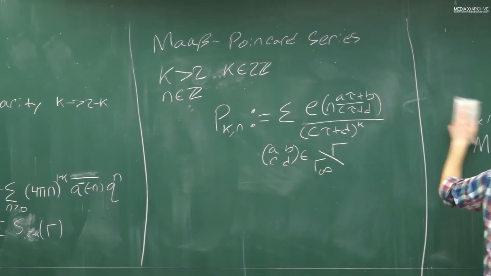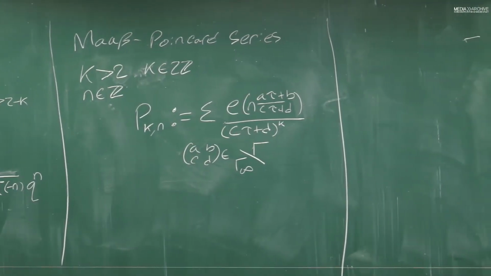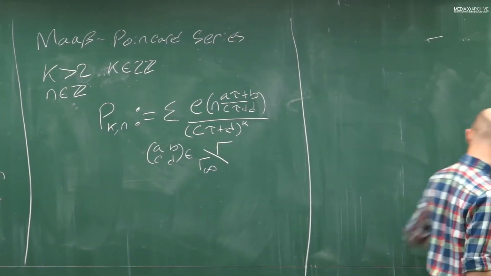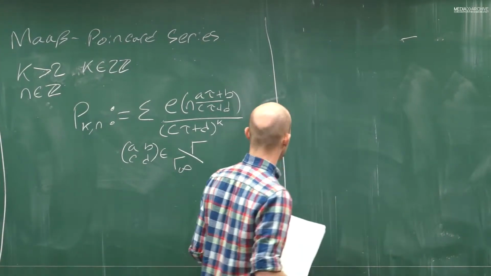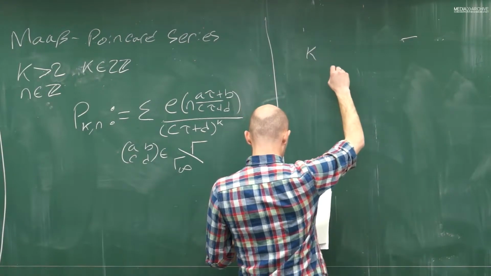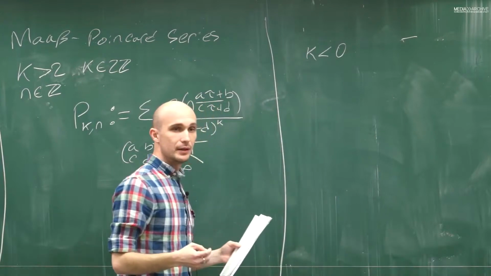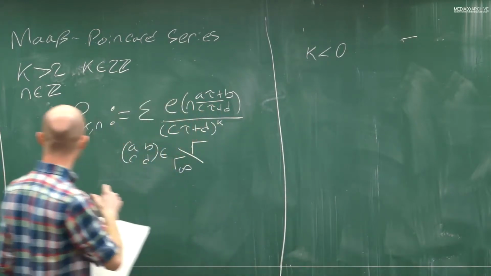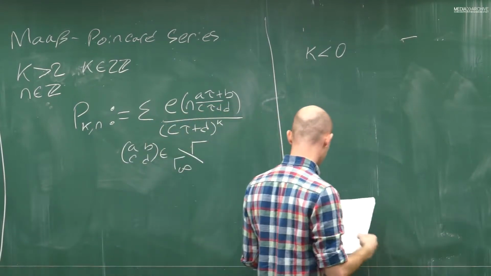The way that we're going to do this, we're going to use a Whittaker function. In this case, let me set k less than 0. We're going to avoid the cases in between 0 and 2 for the moment.